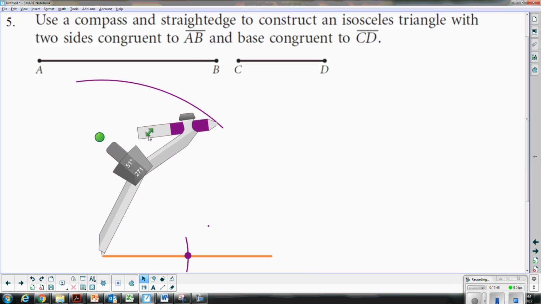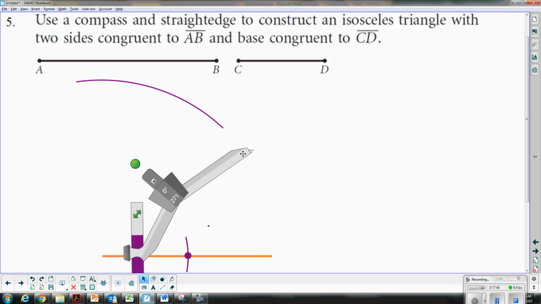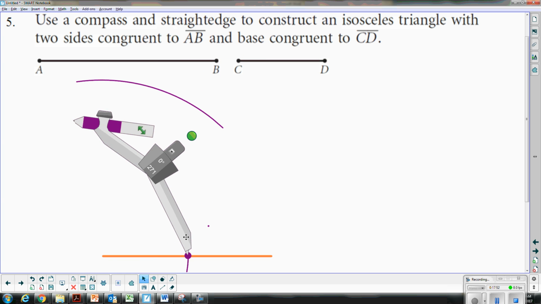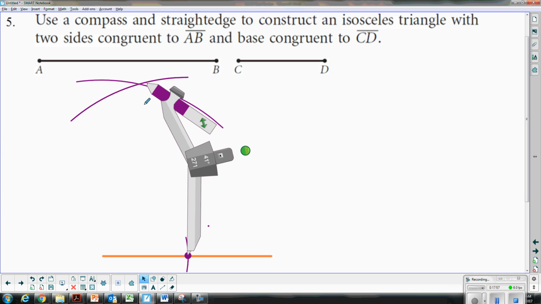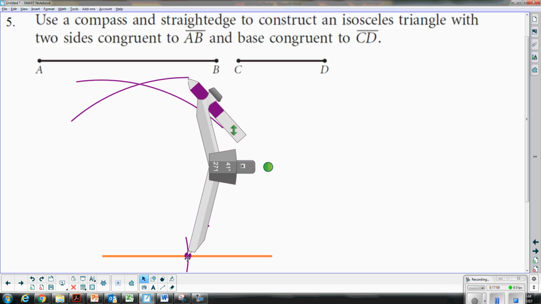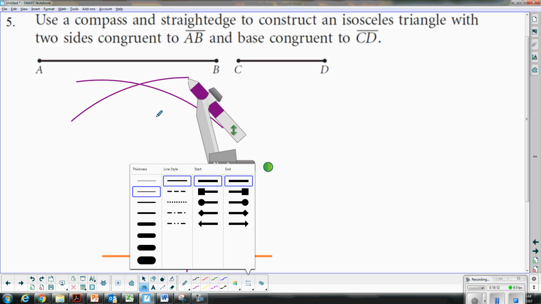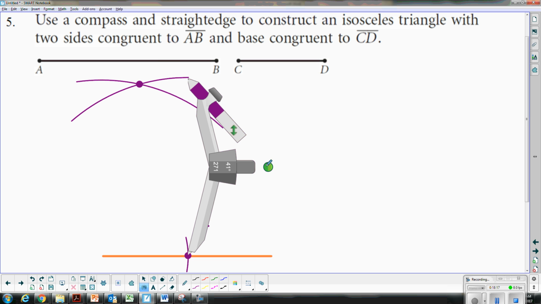Now I'm going to do the same thing, but from my other endpoint. So now every point on this arc is the same distance from this endpoint as it is from A to B. Now wherever those two arcs are intersecting, that's going to be the top of my triangle.